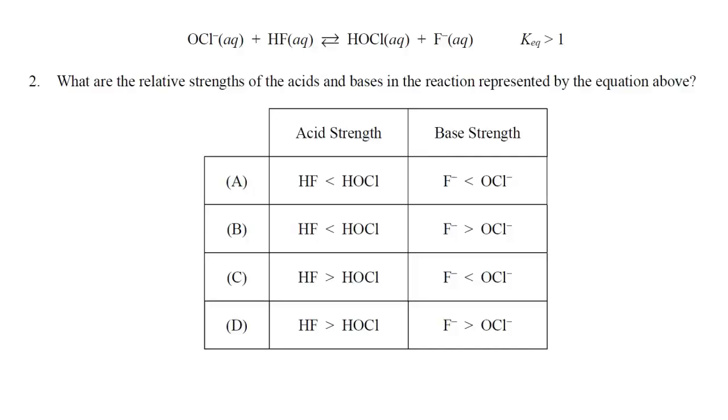But the key to unlocking this question is that equilibrium constant. It's listed there on the right side of the equation. It says that the equilibrium constant, K, is equal to a number that is greater than 1. The fact that K is greater than 1 is very important because it tells us which substances in this acid-base reaction would be favored at equilibrium.